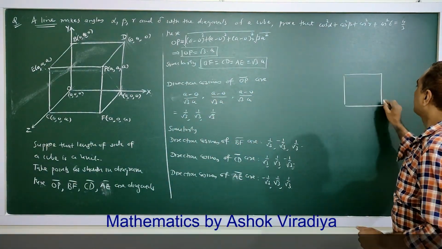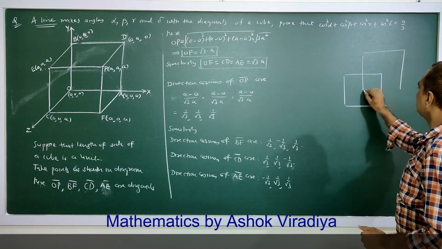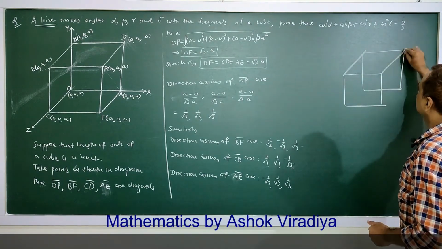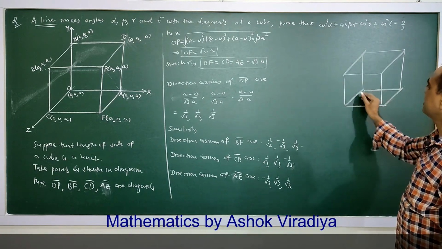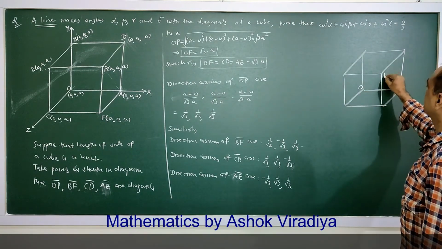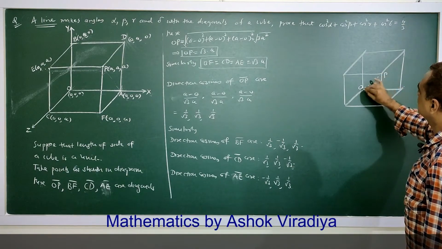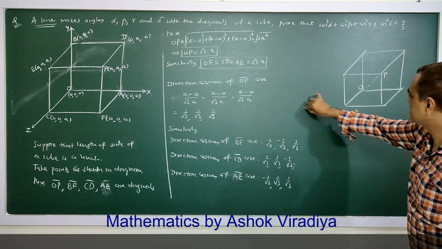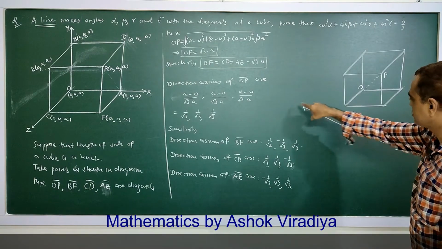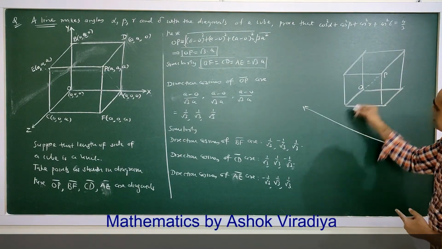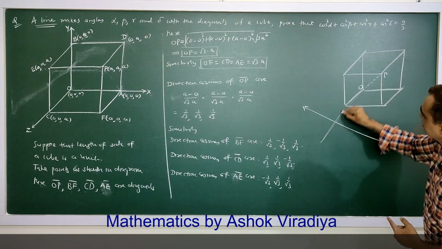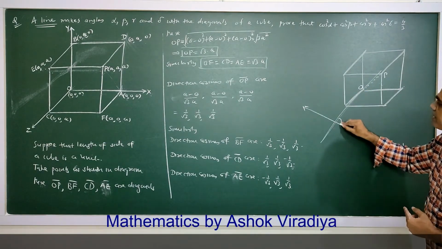To explain the meaning of the question, this is O, this is P, this is OP. Now if this is a line L, L will make angle alpha with OP. OP will be somewhere, this is the direction of OP. So it will make alpha.